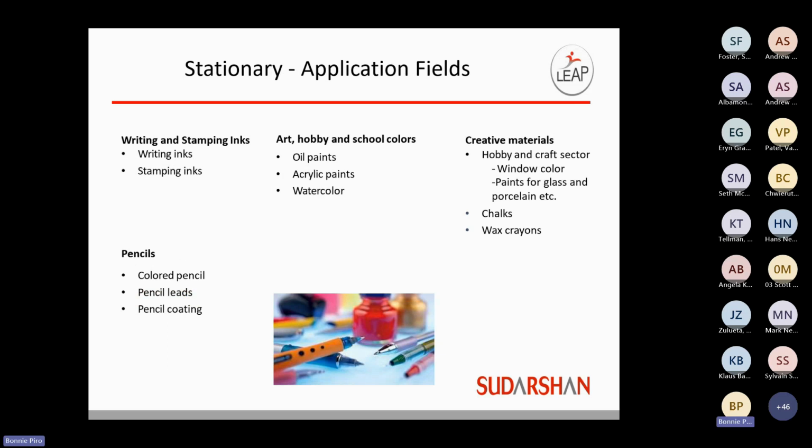Stationery. There are a lot of areas in the general stationery application area. Some examples I brought here are inks for writing or stamping. In the paint area, of course, oil paints. There are a lot of artist colors out there that need pigmentation. Acrylic paints, watercolors, a lot of DIY application areas that have unique needs for a lot of varied color, and unique color.